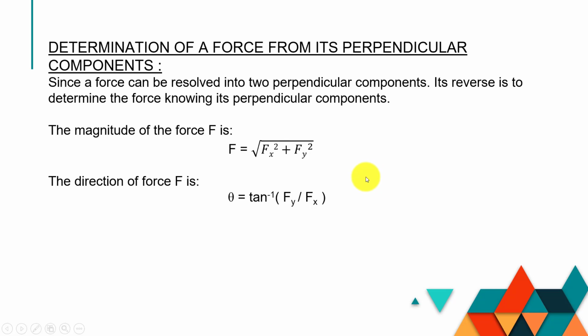It means if we can resolve a force into its perpendicular components, then we can also find that force from its perpendicular components, and we have already calculated the magnitude and the direction of that force from its perpendicular components. So the magnitude of the force F is equal to the square root of Fx square plus Fy square.